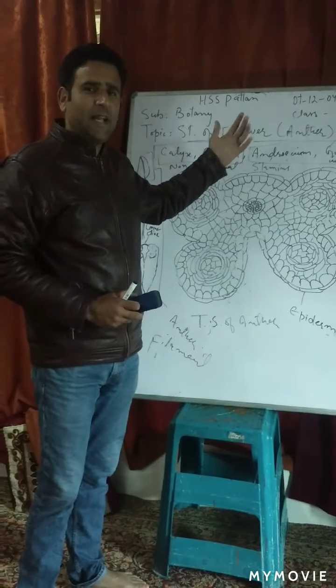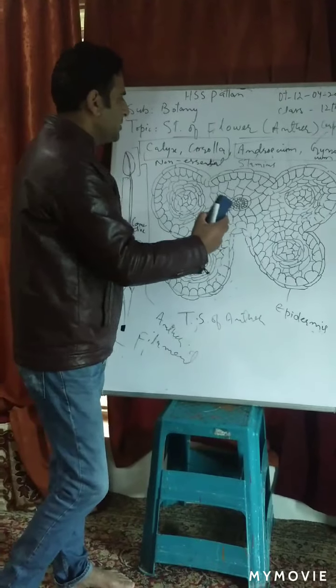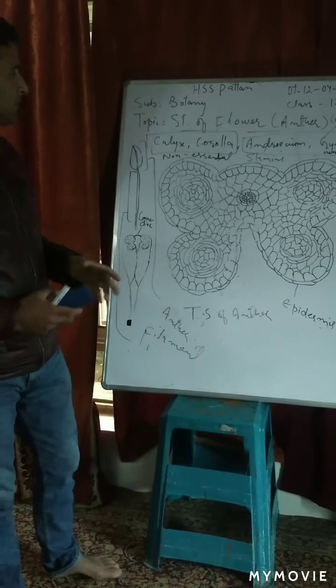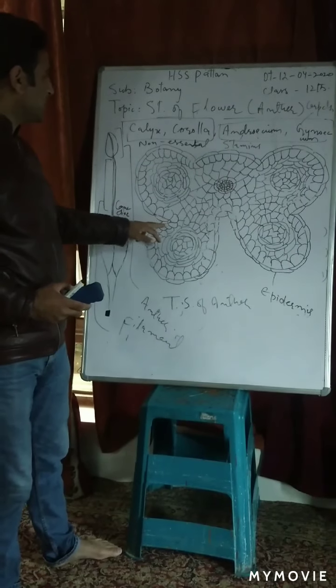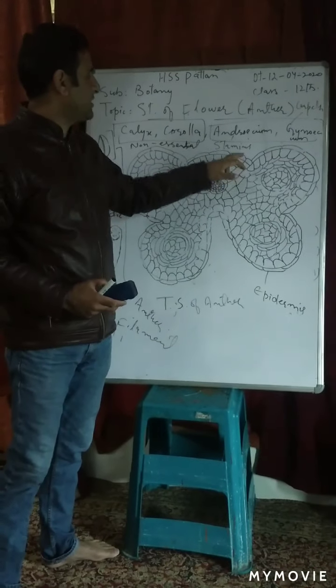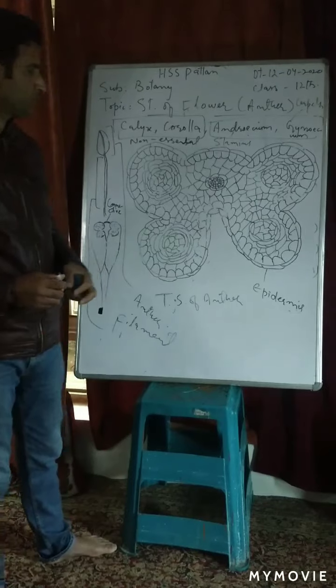When the anther matures, they shrivel. This is a continuous layer which surrounds all the microsporangia and connects them together.